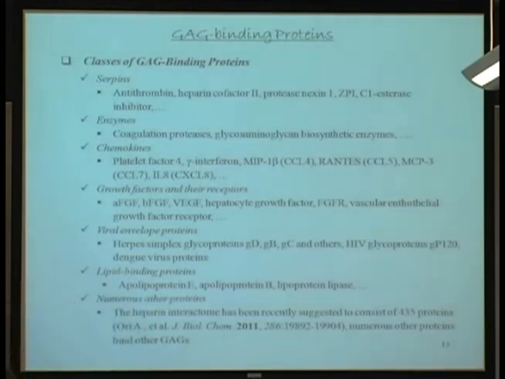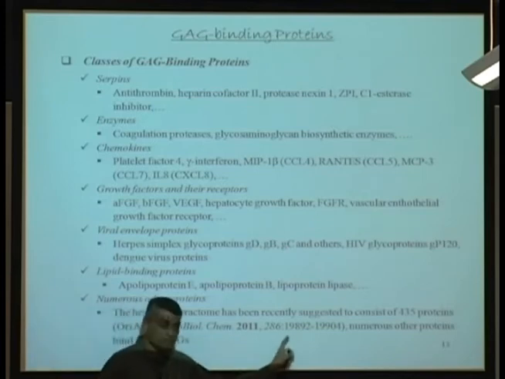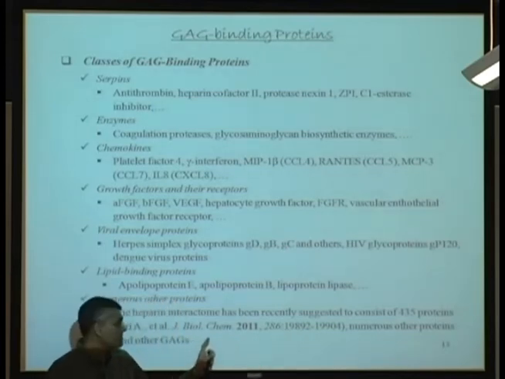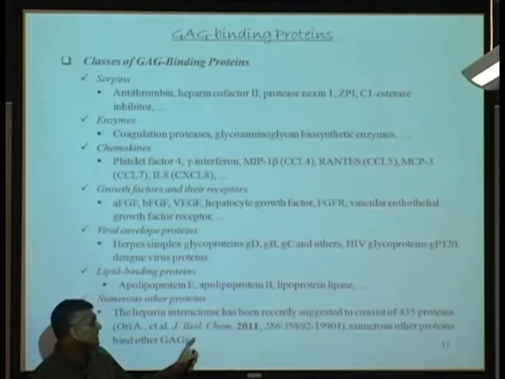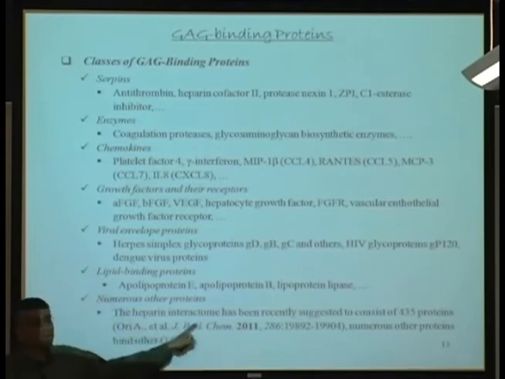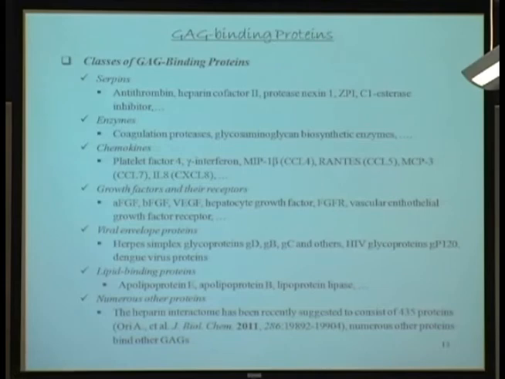Lots of apolipoproteins bind GAGs. In fact, and this is a beautiful paper that if you're interested you should check out, it's a bioinformatic analysis of what they call a heparin interactome, trying to analyze proteins in our body that bind to heparin. And guess what?